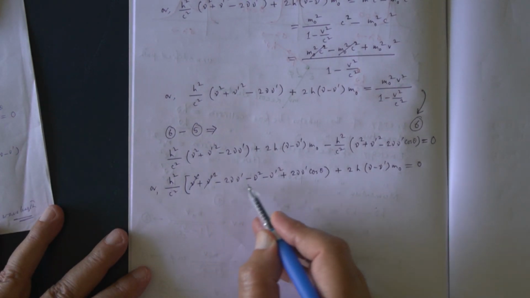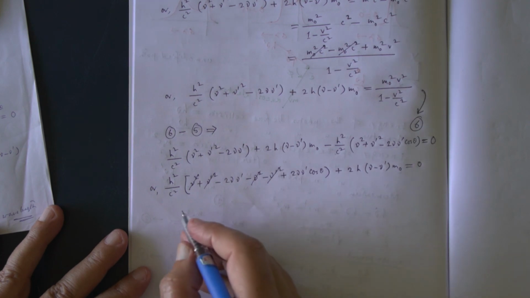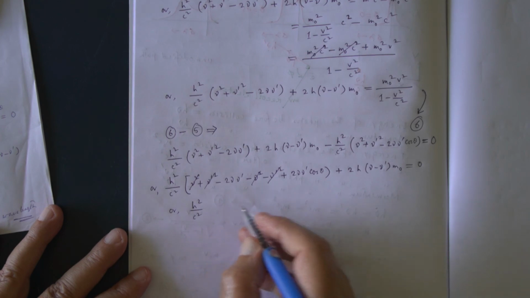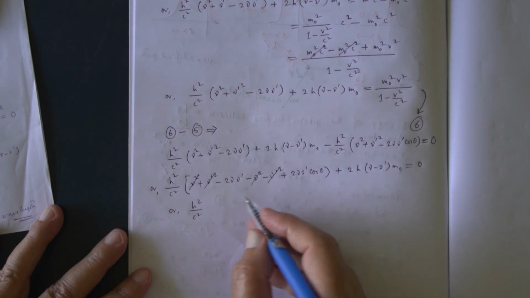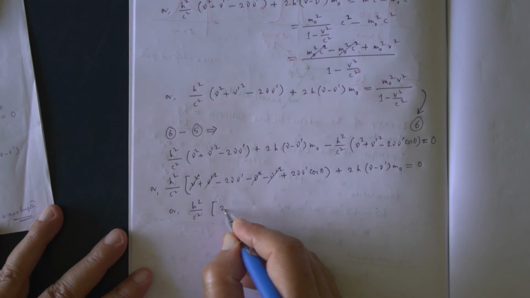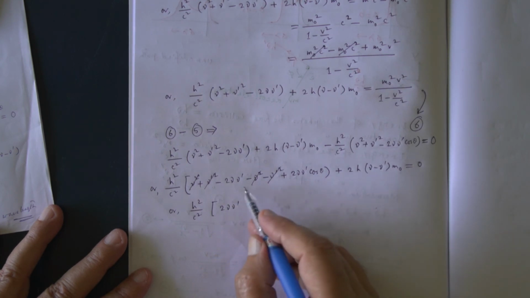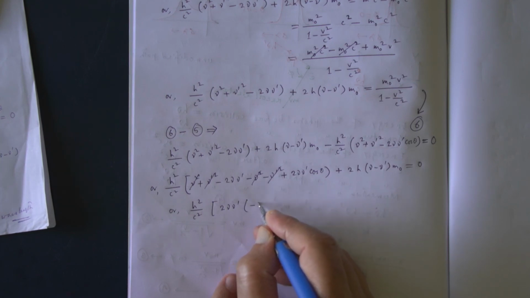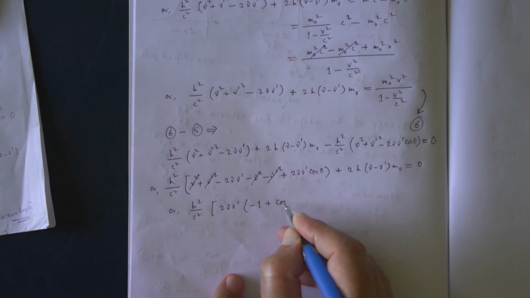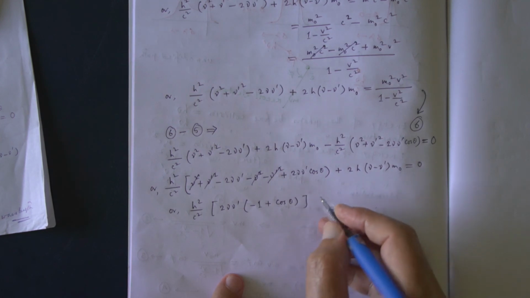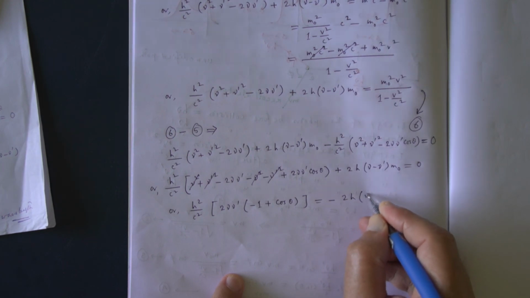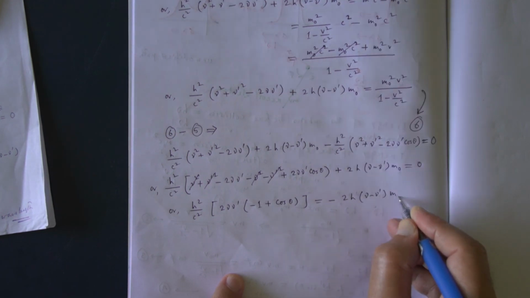Now here this cancels, so h²/c², then what we can do? We can take 2ν' common, and then this will be (−1 + cos θ), equal to −2h(ν − ν')m₀.